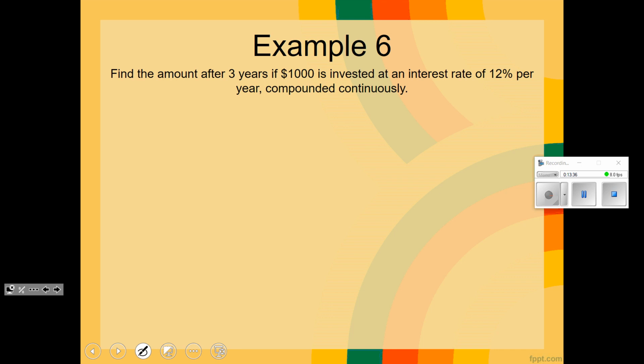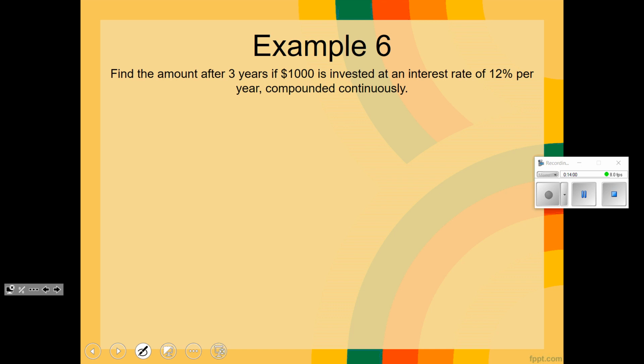All right. So I think this is our last example. Any questions on this? I mean, really, it's just plugging into a formula and solving it. Okay? So I want you to find the amount if $1,000 is invested at an interest rate of 12% per year, but this time we are compounding continuously.